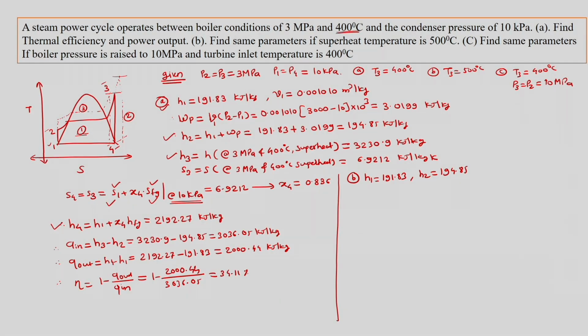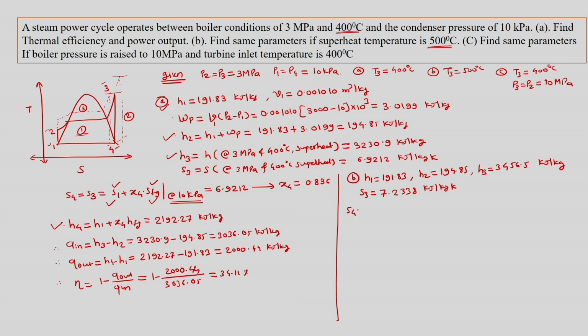We have to go back into the steam table, see the superheated part corresponding to 3 megapascal, and earlier we had seen for 400, but now we have to see for 500 degrees Celsius, and we mention H3 as 3456.5 kilojoule per kg. Similarly here we will mention S3 also, and S3 will be 7.2338 kilojoule per kg Kelvin.